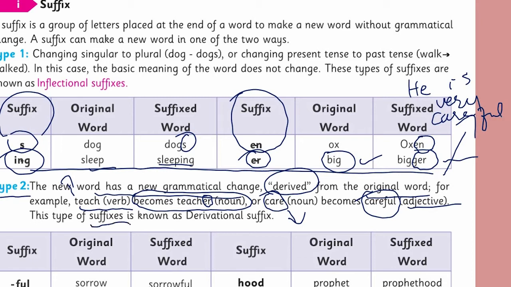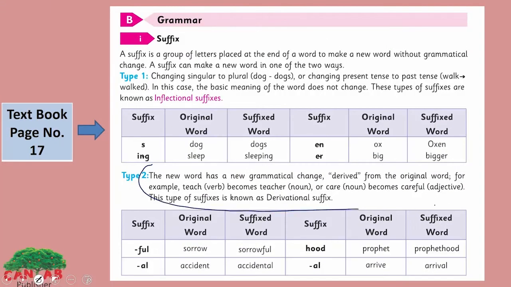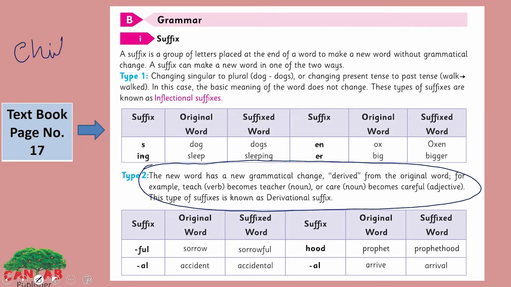This type of suffix is known as a derivational suffix. Let me give you another example. Child is a noun here and it becomes an adjective when we add ish here, childish.